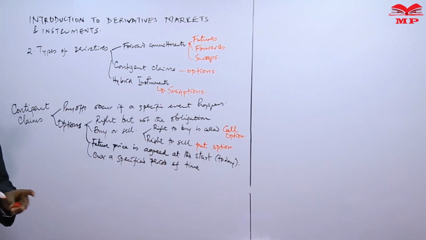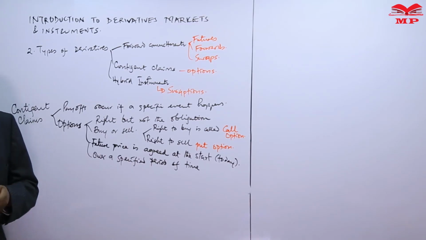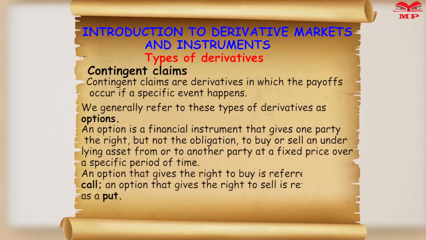That is what options are. An option that gives the right to buy is referred to as a call. An option that gives the right to sell is referred to as a put.